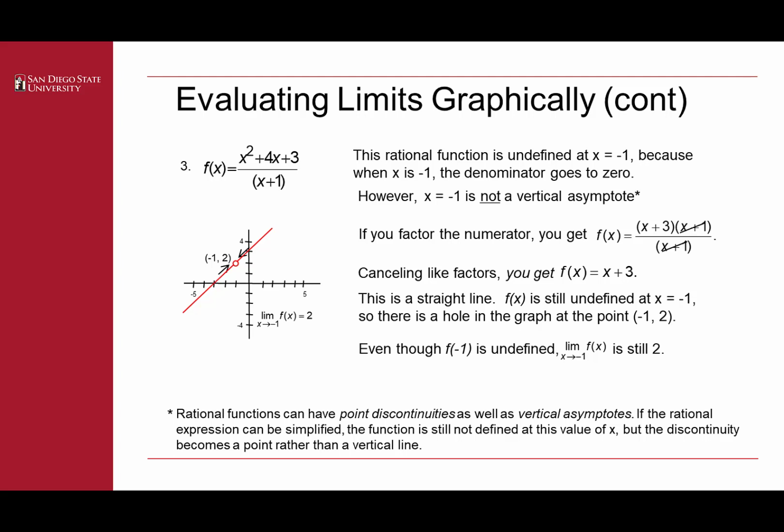So there is a hole in the graph at the point (-1, 2). Even though f(-1) is undefined, the limit of f(x) as x approaches -1 is still 2, and it is easily observable from the graph given on the left side. We have the line, so it doesn't matter if we have a hole in the line or not. The limit still approaches the same point on the vertical axis.